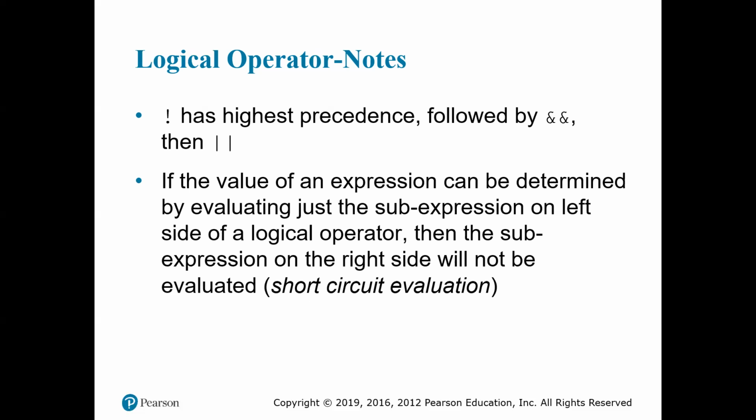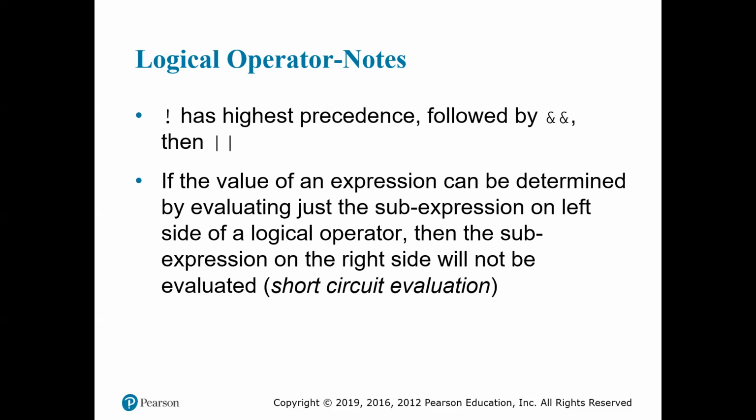Now, if you didn't want to do short circuit evaluation, instead of doing 2 ampersands, you just do 1. And instead of doing the 2 lines for the or, you just do 1 line. So it works if you just do 1. And in certain situations, you want to continue to check the other ones, even though you know that it's going to evaluate to true or false.